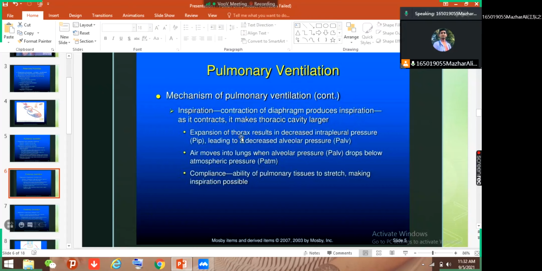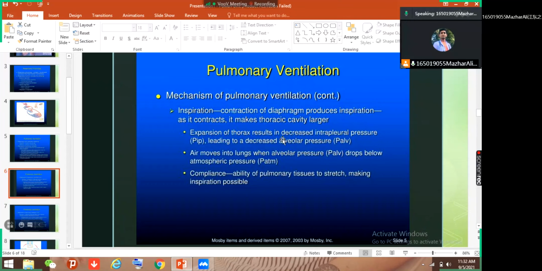The expansion of the thorax results in decreased intrapleural pressure, the pressure between visceral pleura and parietal pleura. Decreased pressure there leads to decreased alveolar pressure. When alveolar pressure decreases, inspiration happens.